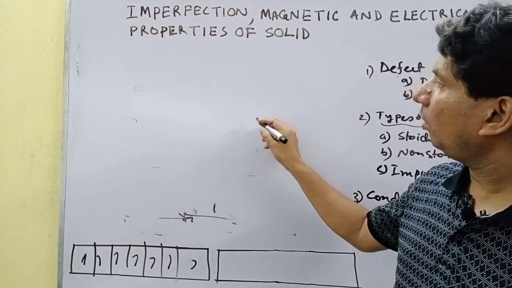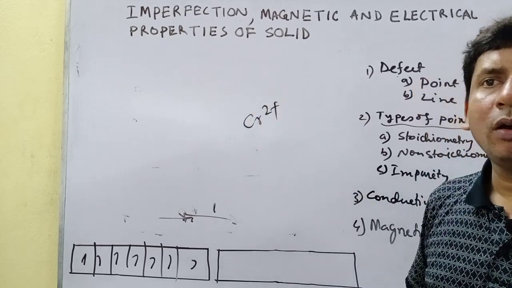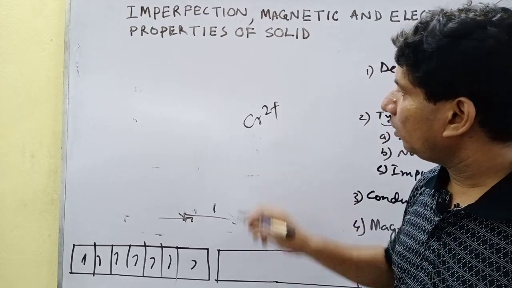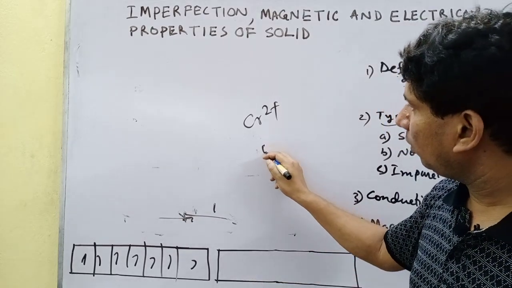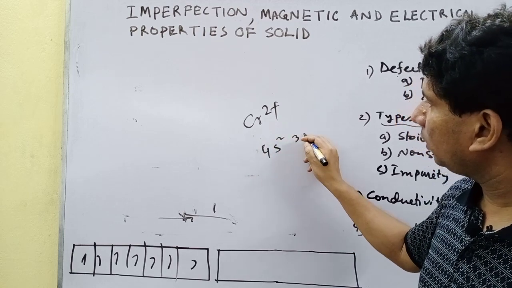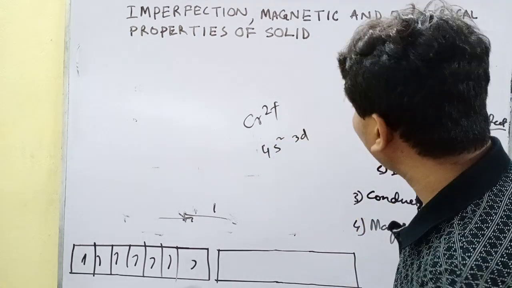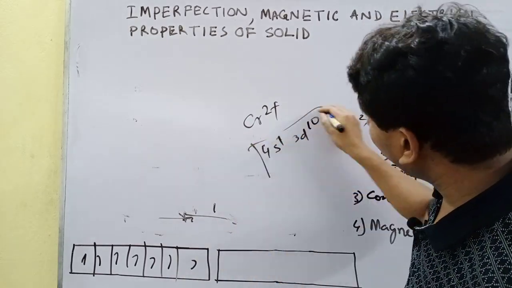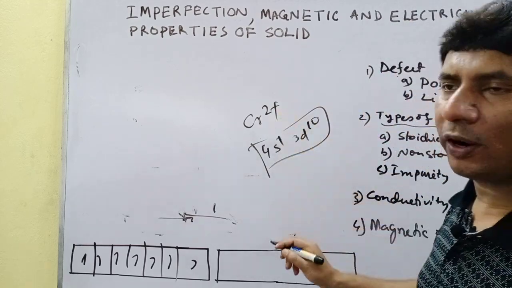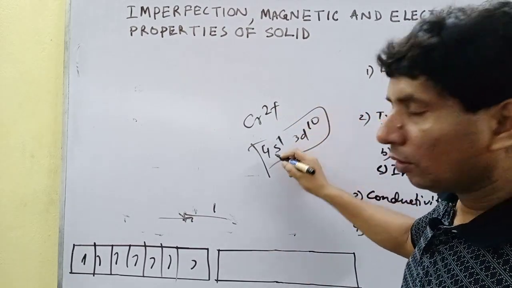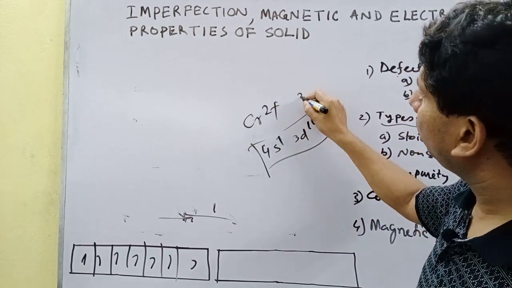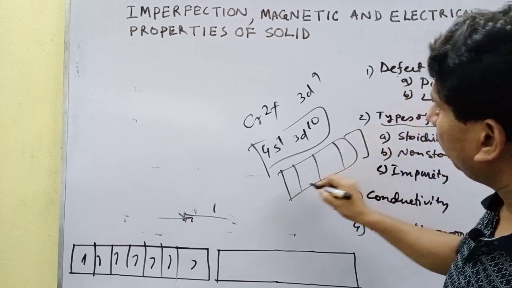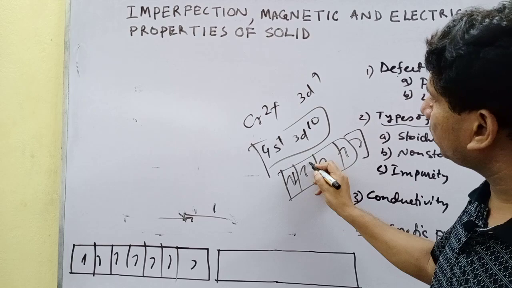Let us consider copper 2 plus. What will be the electronic configuration of copper 2 plus? The actual electronic configuration is 4s1, 3d10, but when it is copper 2 plus, then it will be 4s0, 3d9. 9 means 1, 2, 3, 4, 5, 6, 7, 8, 9.